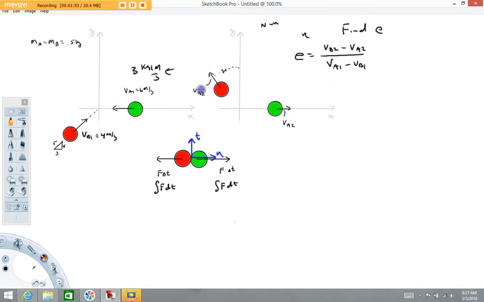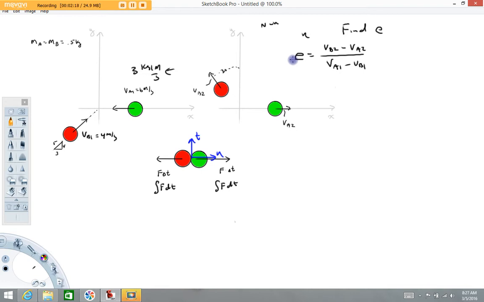Then you would always draw a snapshot of what the system looks like after the impact. So I would have mass A's momentum vector pointing to the right, and mass B's momentum vector pointing up and left. Again, I kind of guessed on this velocity direction. It could be left, could be right. I'm just going to guess right and see what happens. What we're going to try to calculate here is the coefficient of restitution.